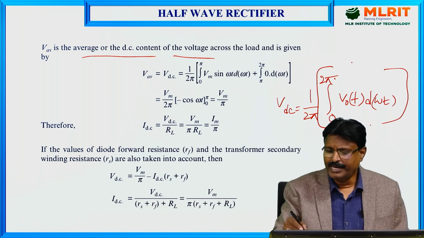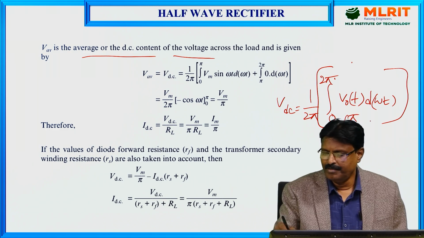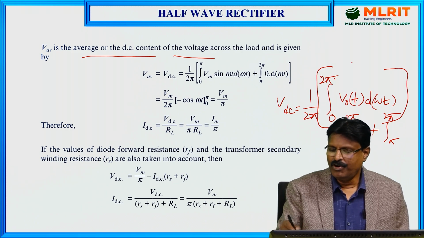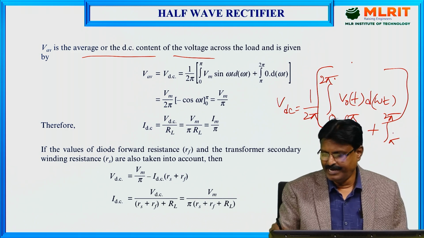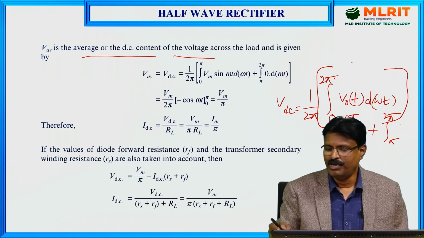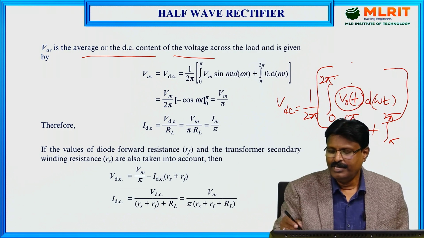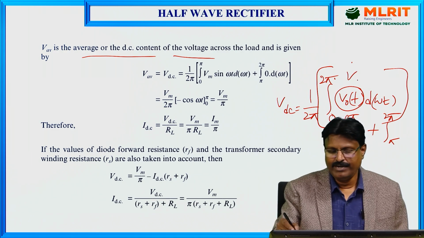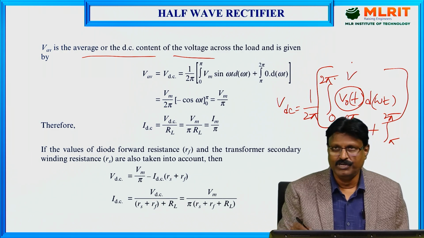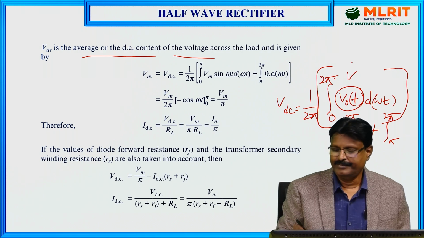Here I am segregating this integration into two parts: integral 0 to pi V naught of t d of omega t plus integral pi to 2 pi V naught of t d of omega t. As you already know, V naught of t is equal to Vm sin omega t whenever omega t is in between 0 to pi.